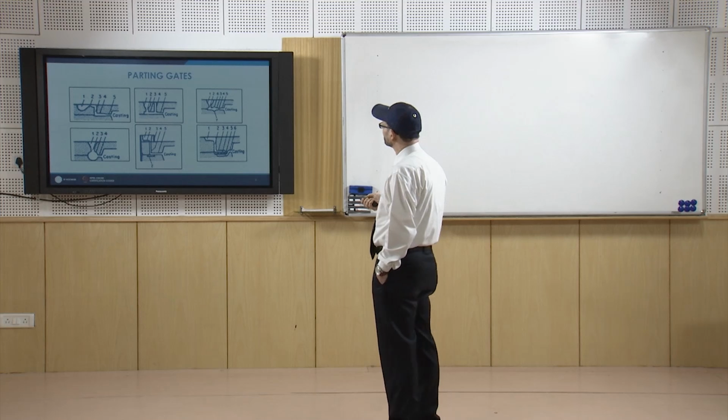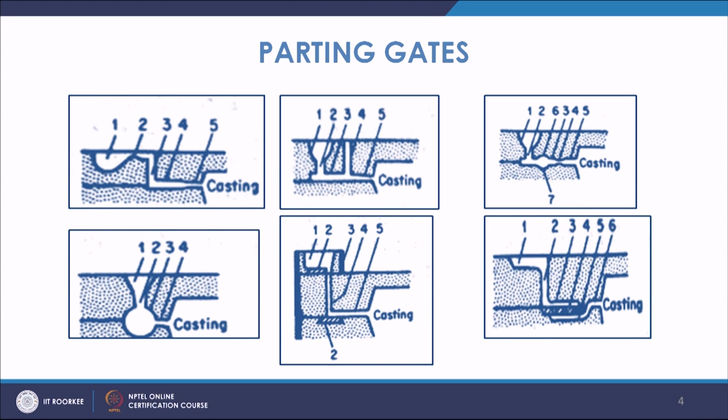Now, if you look at this portion, number 1 is the pouring basin, and in number 2 a dam is made here, so that the heavier inclusions in this portion do not enter through the sprue and further to the runner and the gates.